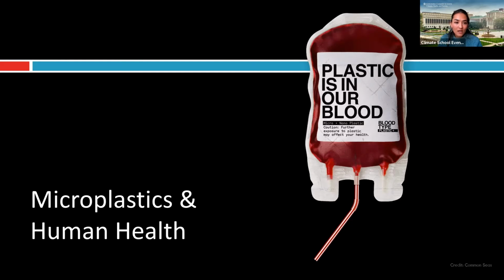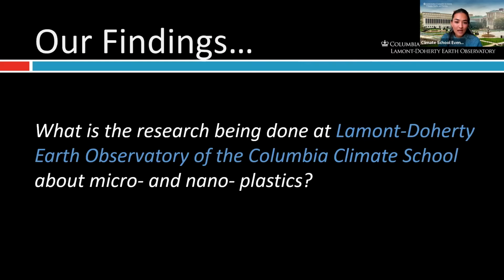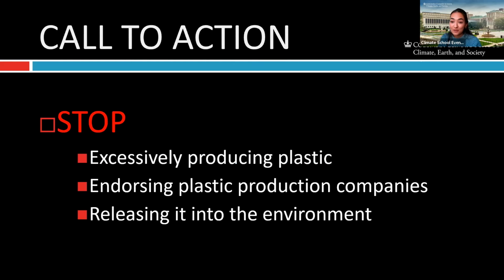We are going to share some research from Bejan once he arrives. But in the meantime, we'll chat about some solutions, because there are a suite of solutions that need to be implemented from every level. The first thing we need to do is stop excessively producing plastic, endorsing plastic production companies, and releasing it into the environment.